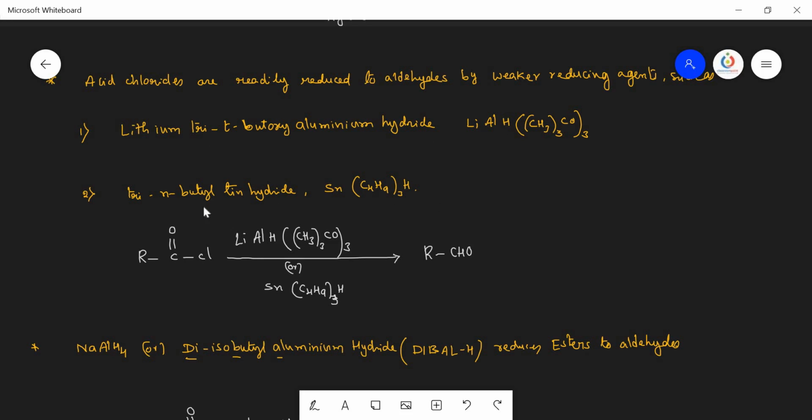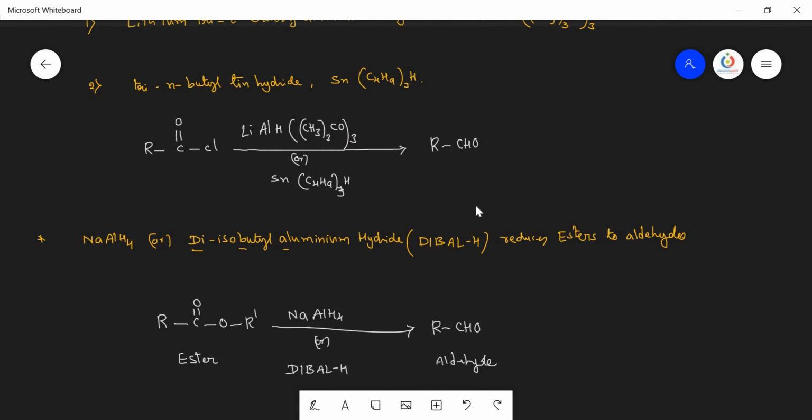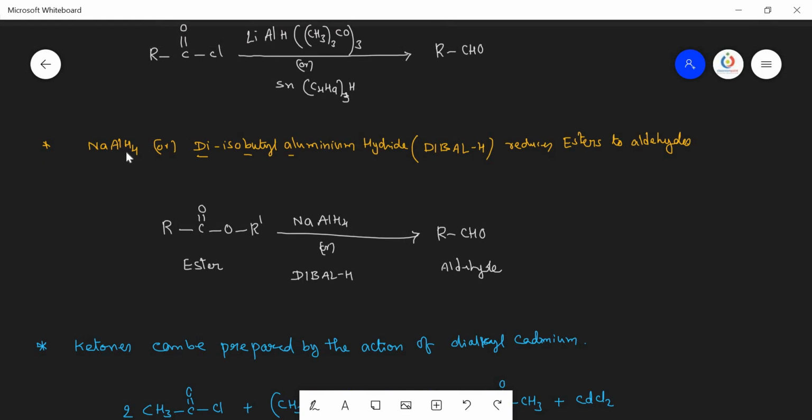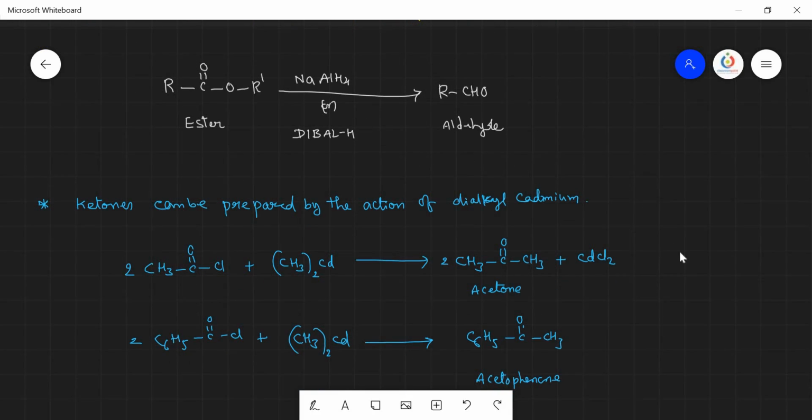So if you subject acid chloride to either of these reagents, you'll get the aldehyde. And sodium aluminum hydride or diisobutyl aluminum hydride, DIBAL-H, reduce the esters to the aldehydes. So these are all the preparations of the aldehydes.